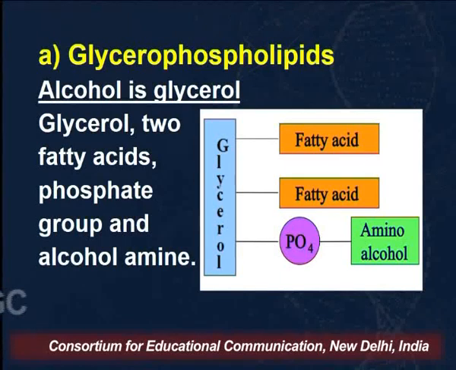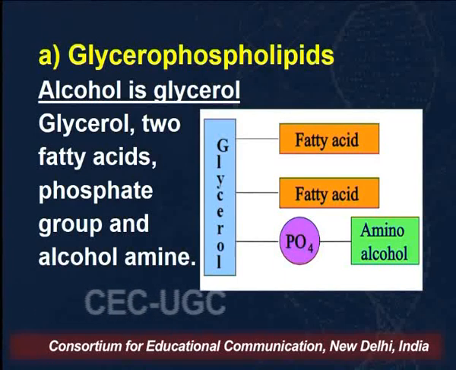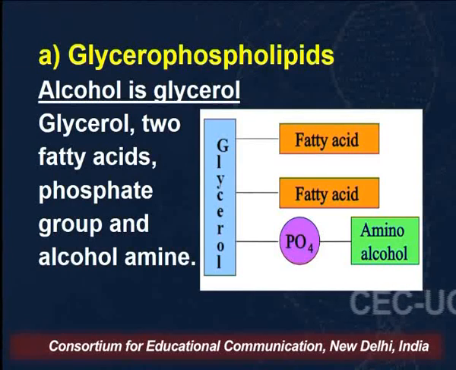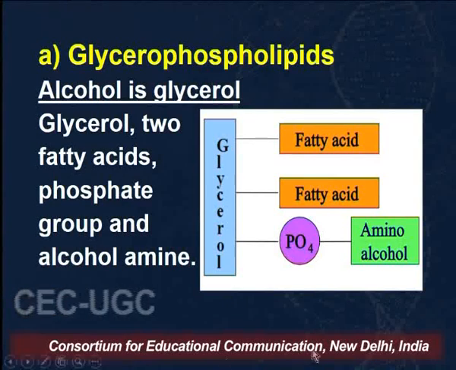In today's lecture, I shall be discussing glycerophospholipids in great detail. As I've said already, in glycerophospholipids the alcohol is glycerol. And we know glycerol is a trihydric alcohol, that is, it is a triol. So two hydroxyl groups of glycerol make an ester linkage with fatty acids.